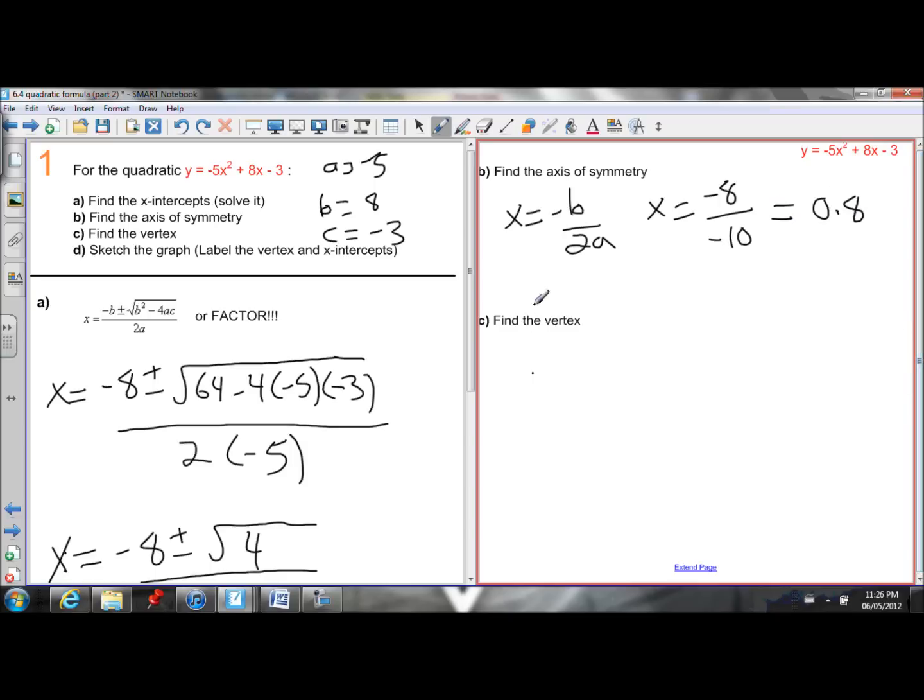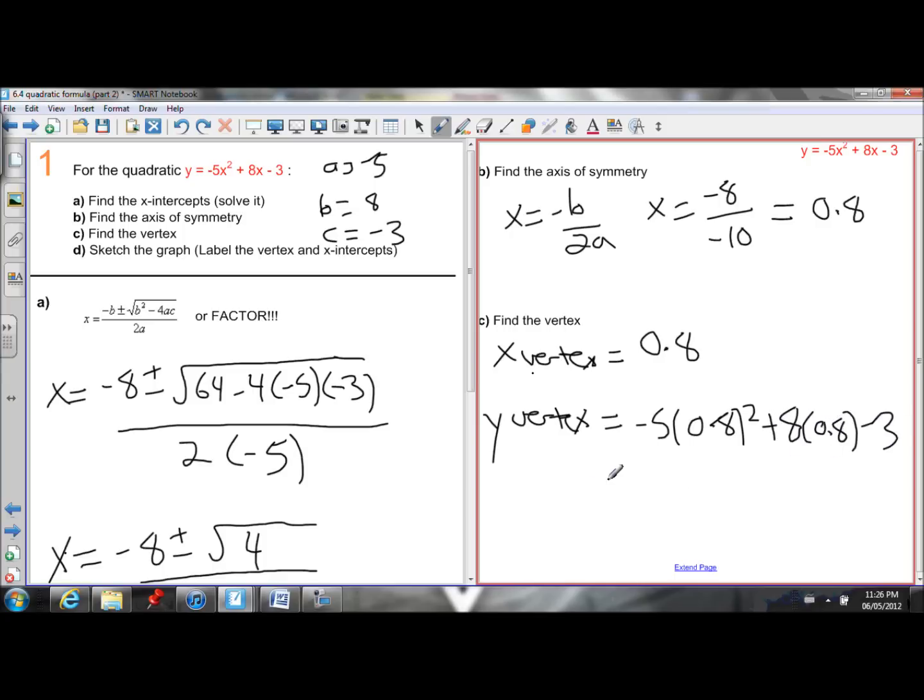To find the vertex, the x-coordinate of my vertex is my axis of symmetry, so it's 0.8. My y-vertex, I just plug in that 0.8 for x into my formula here. So I'll have negative 5 times 0.8 squared plus 8 times 0.8 minus 3. Punch that all into my calculator, and I should get 0.2.